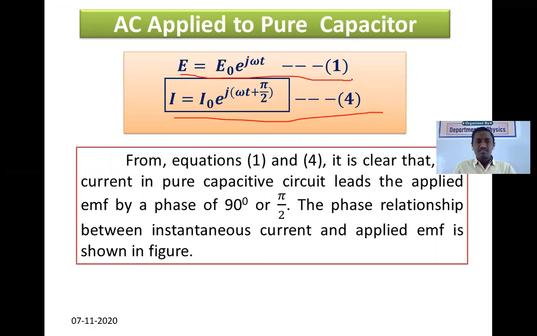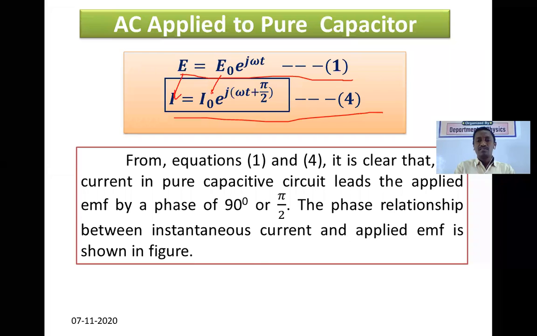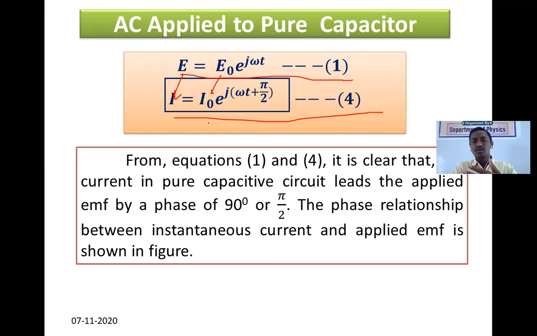Whenever we compare equation 1 with equation 4, E is analogous to I, having the same phase, no change. E0 is analogous to I0. If we compare the value of I0, I0 will be equal to E0 upon XC, which is obviously less than the amplitude of the AC voltage.